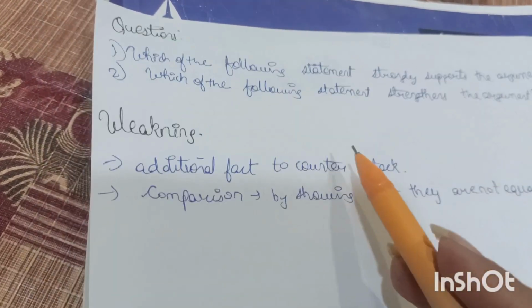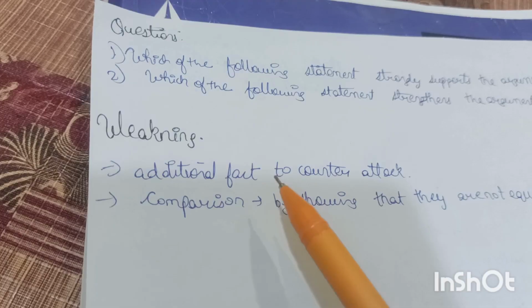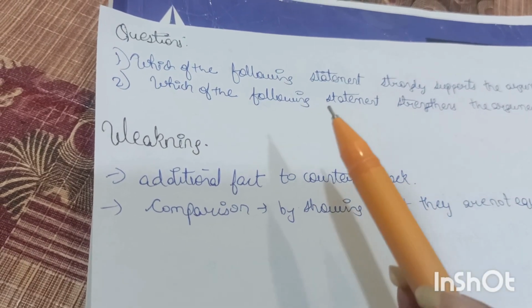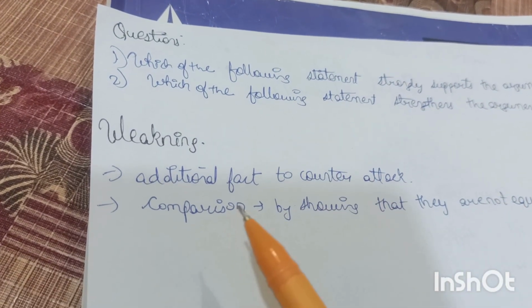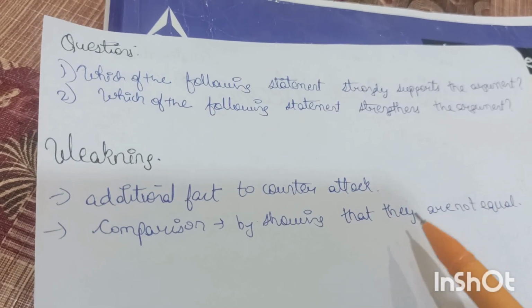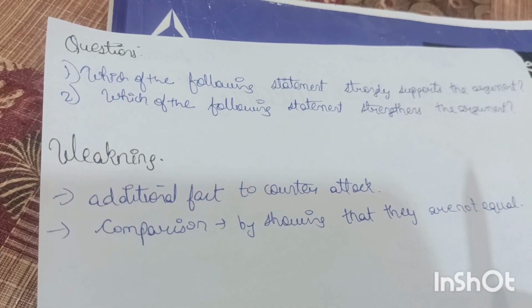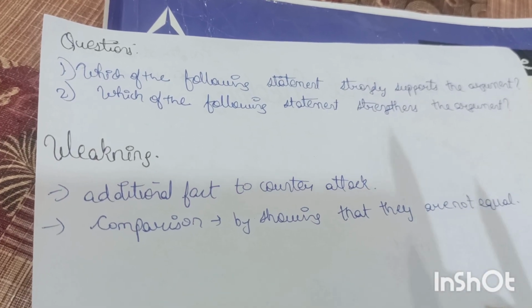Weakening here means that the statement gives some additional fact that is not related to the conclusion. Or if there is a comparison statement, you have to show that those comparisons are not equal, that the statement is not equal to the conclusion part of the passage.